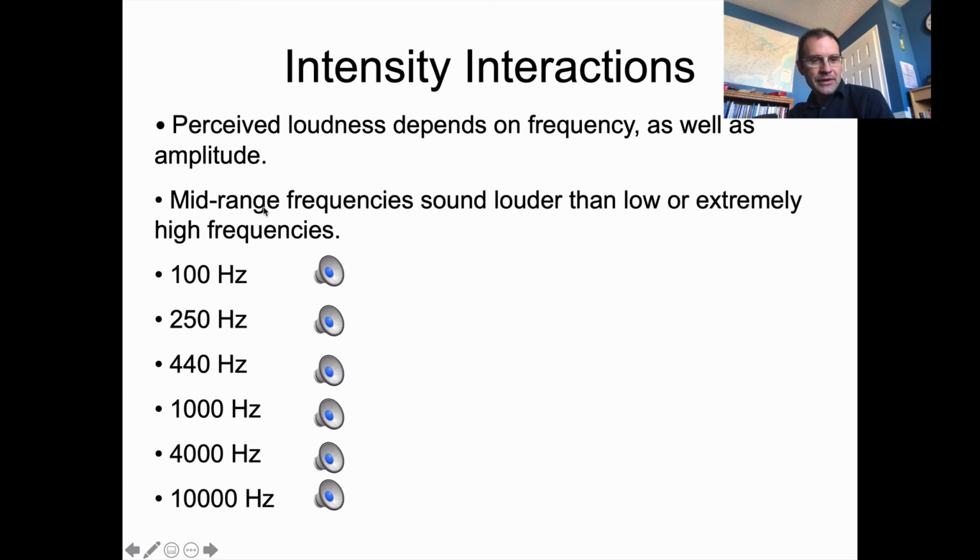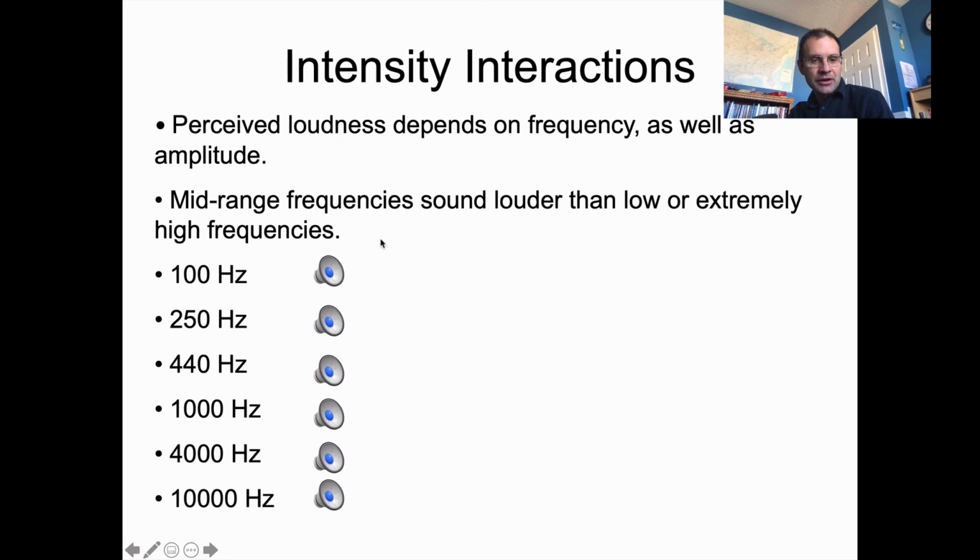So I'll play you these sounds at different frequencies, and they're all basically the same intensity, but the ones in the mid-range here are going to sound louder to you. This is a difference between what you can measure in the acoustic world and what's going on inside your head. There's a difference between acoustics and perception for loudness or intensity as well.